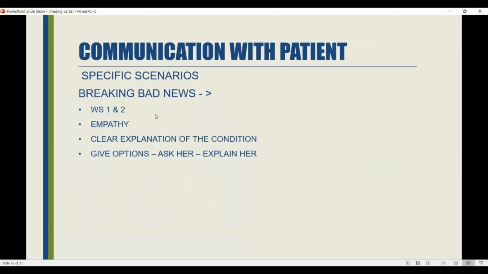There are specific scenarios like breaking bad news. Here you have to give warning shot 1 and 2; you may follow the SPIKES protocol. Warning shot 1 is in the beginning, when you ask her, is there anyone with you, or have you come alone? If she asks why you are asking this, say: because I have to give you a lot of information, and if somebody else is also there, that will be good.